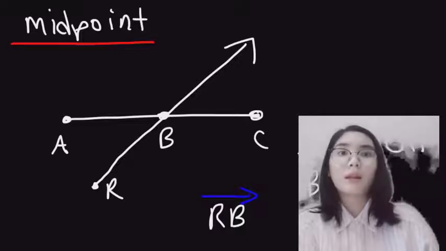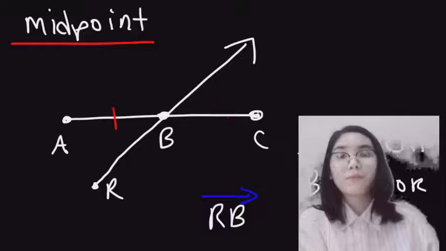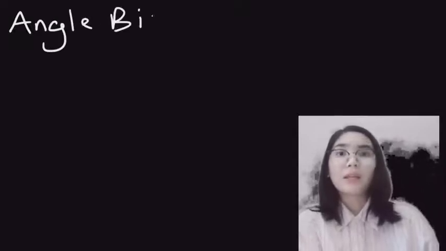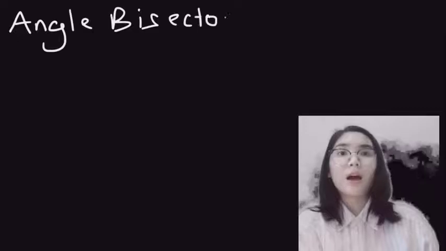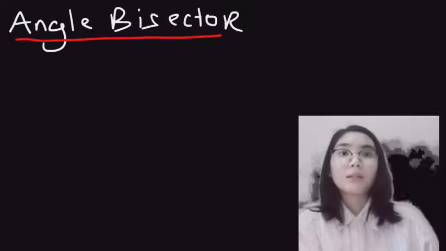You would write that as segment AB is congruent to segment BC, and if that's true, it means that B is the midpoint of segment AC. B bisects segment AC into two equal parts.